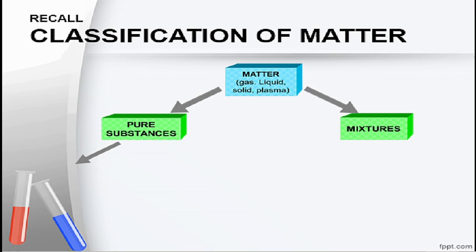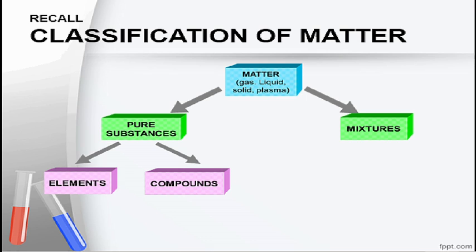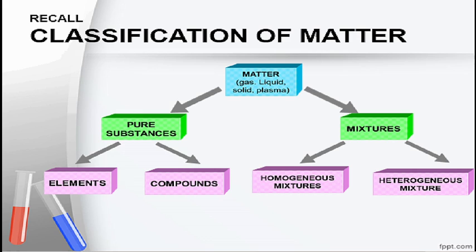Example, we have element and compound. Elements are composed of the same type of atom, while compounds are composed of the same type of molecule. Mixture can be further classified into two. That can be homogeneous or heterogeneous mixture.